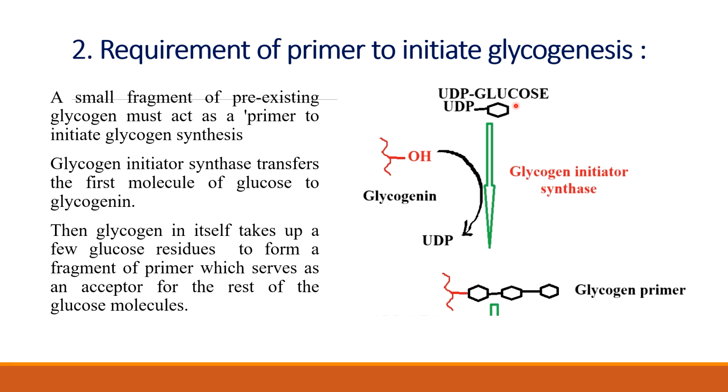So UDP glucose, which is produced in the previous step, is transferred onto glycogenin. Then glycogenin itself takes up a few more glucose moieties to form a fragment of a primer. So you have the glycogen primer which is produced. Now this is ready to accept some more glucose molecules.